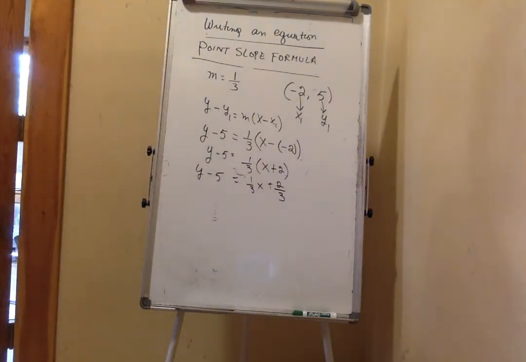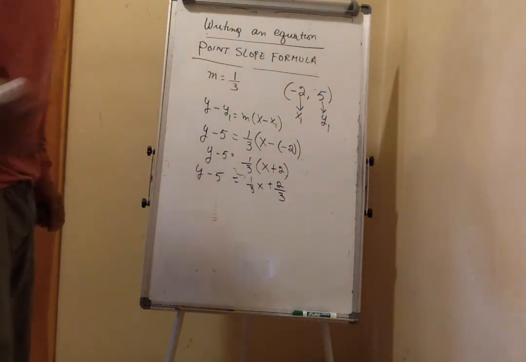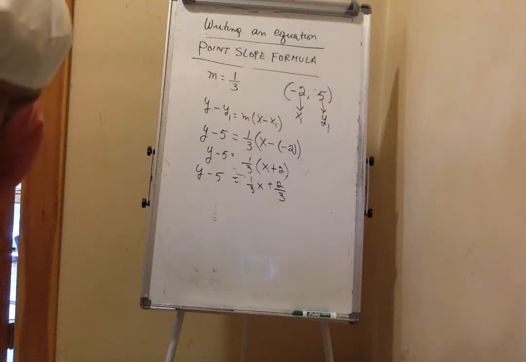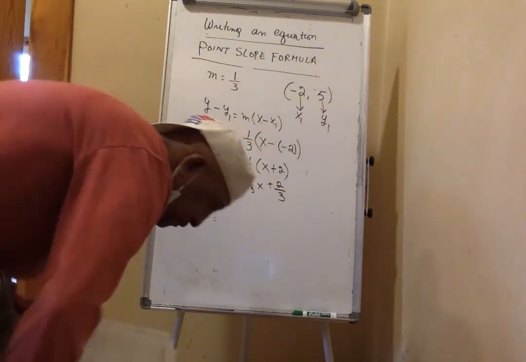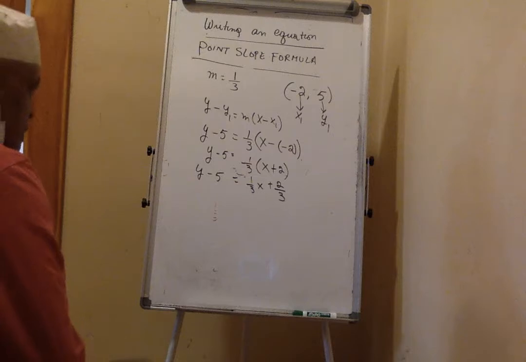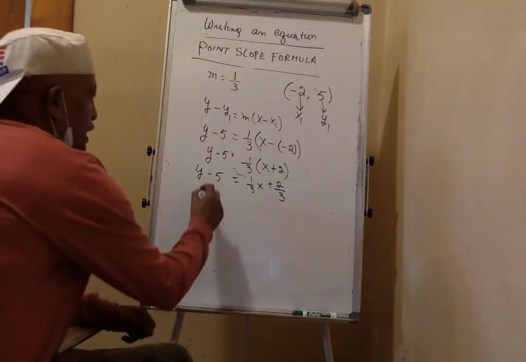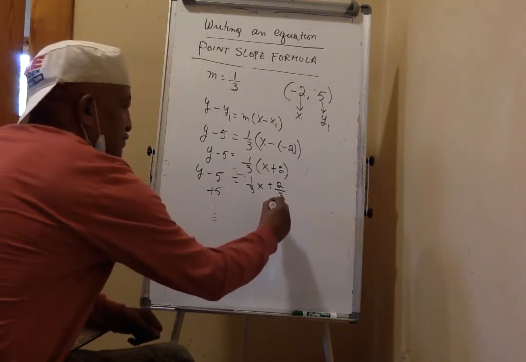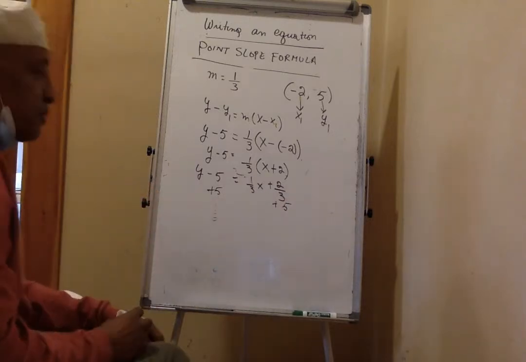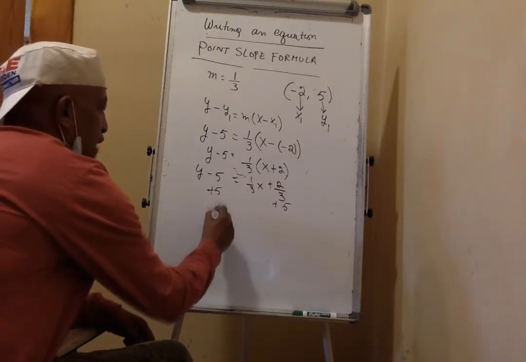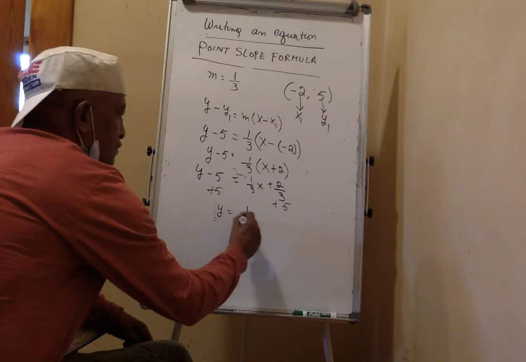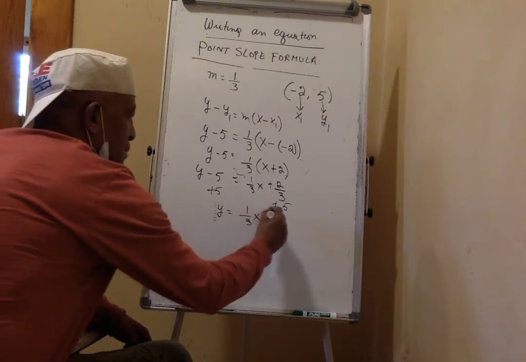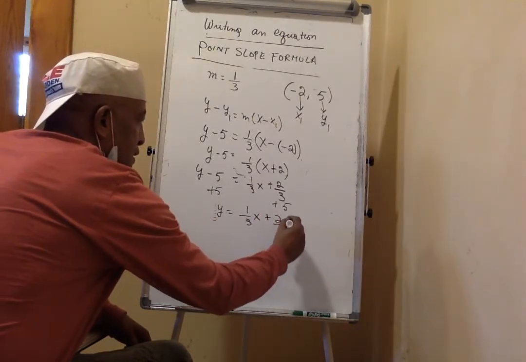Then move minus 5 to the other side, and that makes it a slope-intercept equation. So go ahead and add 5 to both sides. Then this becomes y is equal to 1 over 3x plus 2 over 3 plus 5.